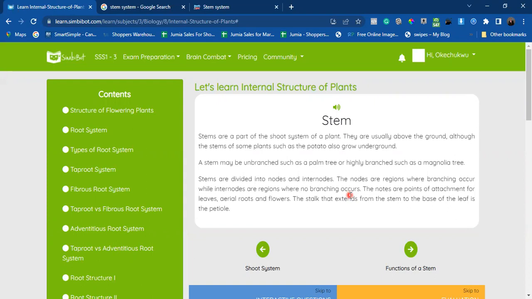That point of attachment, that point where the leaves connect to the branches, or where the branch connects to the stem, is the node. Whereas the extension where you did not see anything, there is no leaf growing on it, or there is no branch extending from it, is called the internode. So just get it.